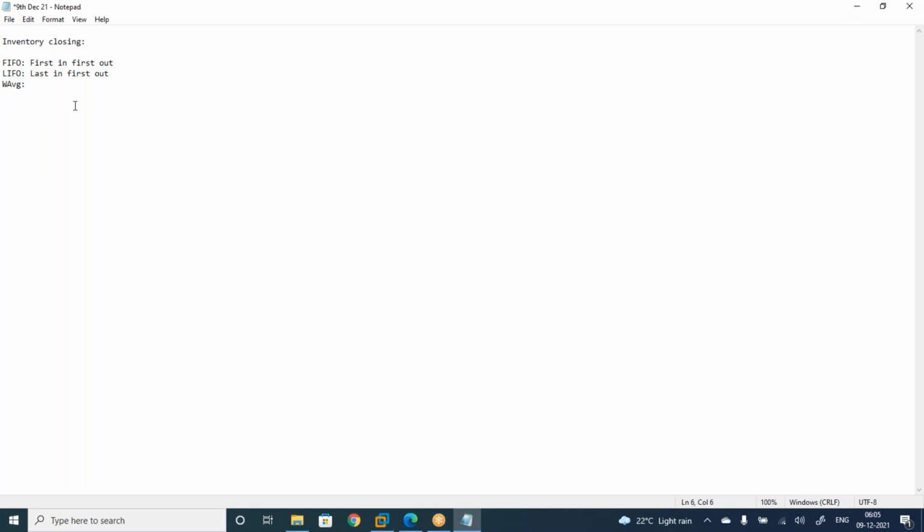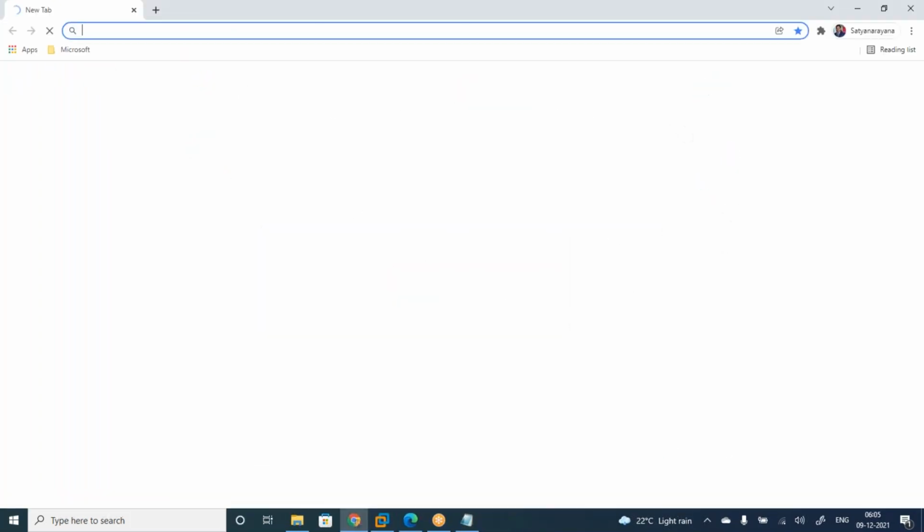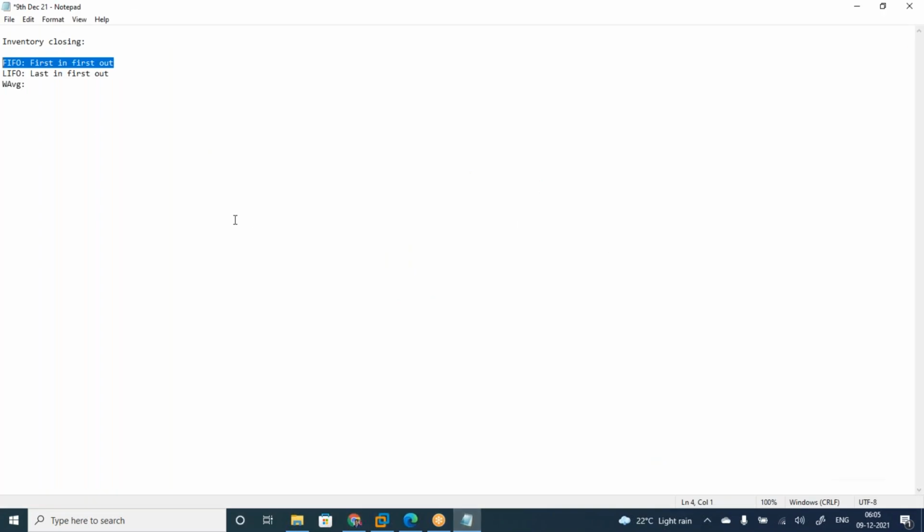So first thing you need to remember, many people think like first in first out means a physical flow. Whatever it is, FIFO is inventory valuation only.